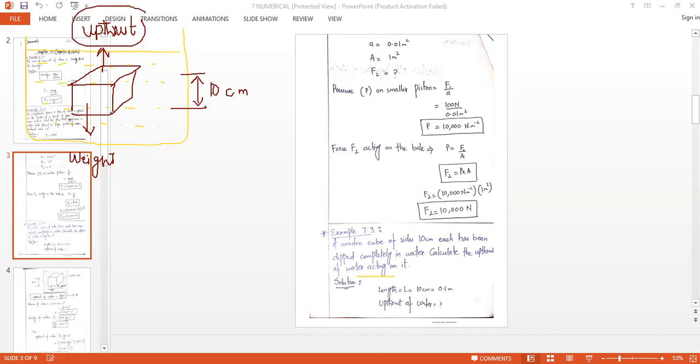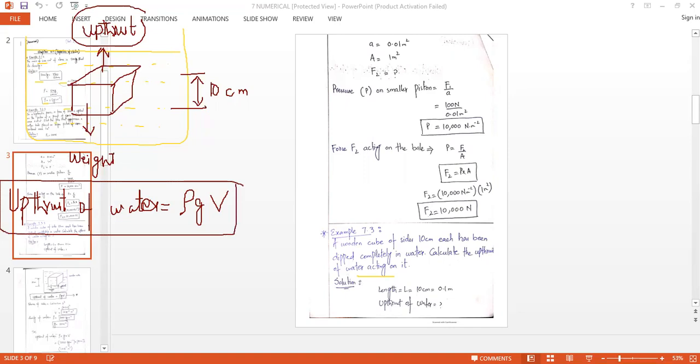So for doing this, we know that according to Archimedes principle, upthrust of water equals rho G V. Now we have to find the value of rho, G, and V. As the value of rho, that is the density of water, it must be equal to 1000 kilogram per meter cube.